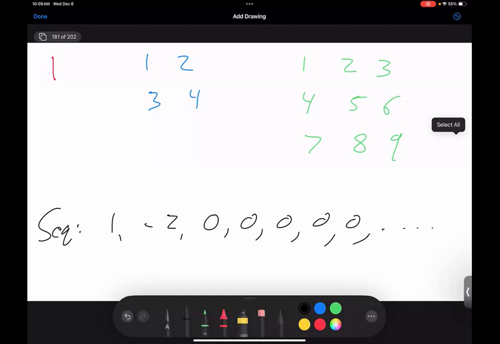Can anybody see any relations between the rows? Well, if they're linearly independent, then that would mean the determinant is non-zero. So in the first case of the 1, linearly independent. In the 1, 2, 3, 4, they're linearly independent. So in the 1, 2, 3, 4, 5, 6, 7, 8, 9, there has to be a dependence.